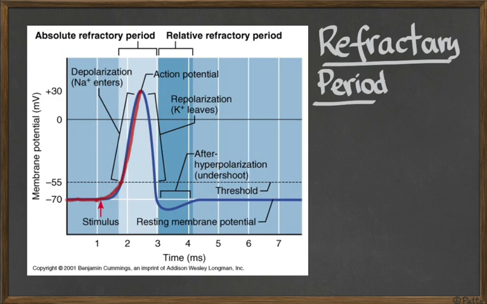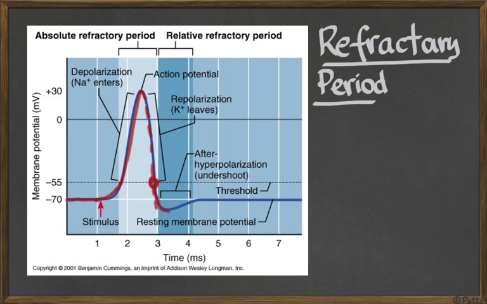And here comes a very important part. At this moment over here, where you have the repolarization, the potassium channels are open, but the sodium channels are closed. So at this moment, even if we go through the minus 55 here, the sodium channels are closed, and you're not going to have a new action potential, even because we are in a moment here that sodium is evenly distributed between both sides, so there's nothing to move by diffusion this sodium to the other side.